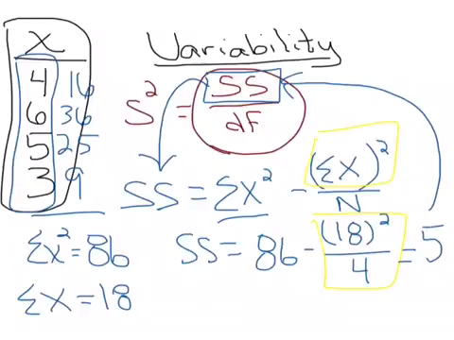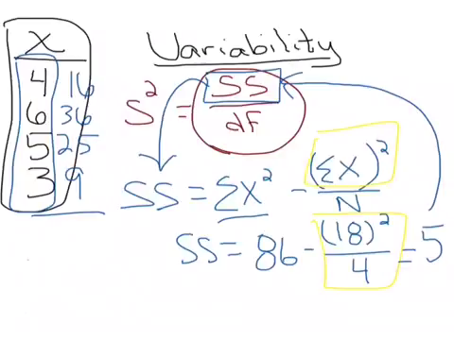So I'm going to go ahead and erase a little space here so that we have enough room to finish our equation, and so that you can see how this works.